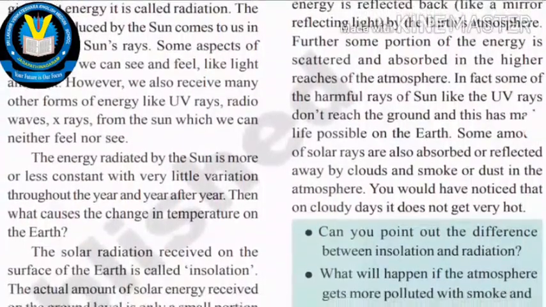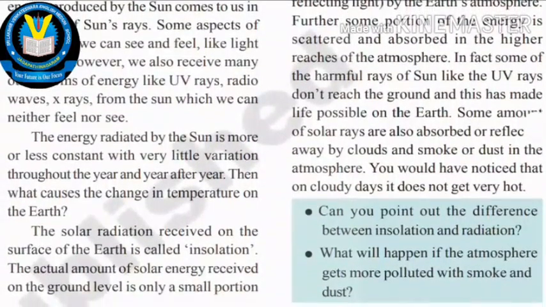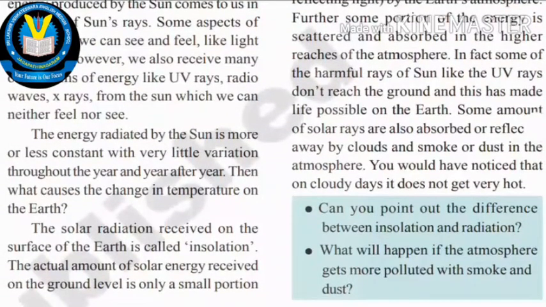So, the reason why we receive only a small portion is that there is a lot of reflection on this earth, because the earth doesn't receive 100% of the sun's heat.